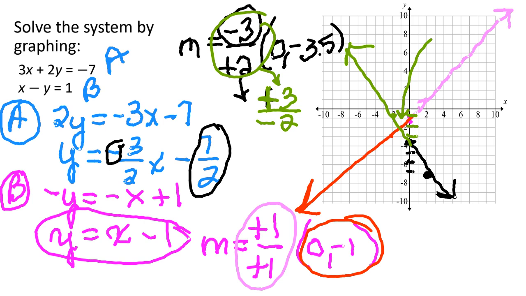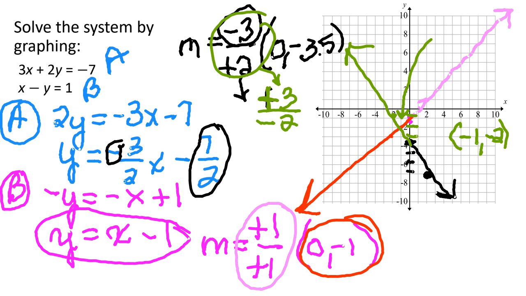Sometimes it's very easy to see. Sometimes it's not. This one, we can try and read it and believe that it's -1, -2, because that's what it looks like.